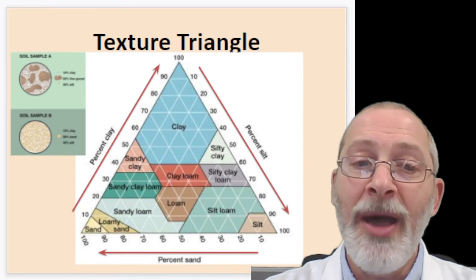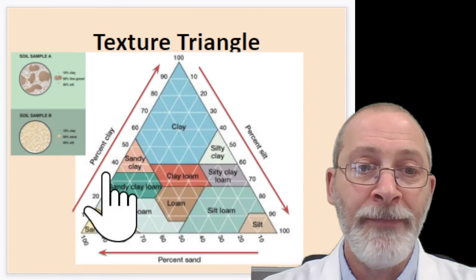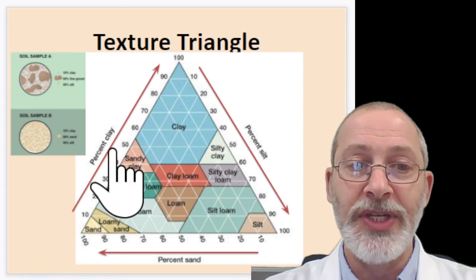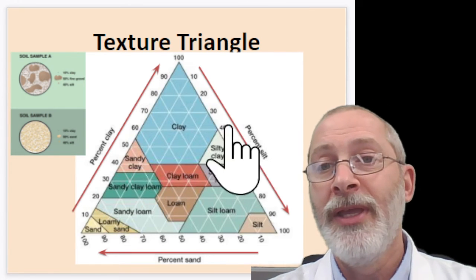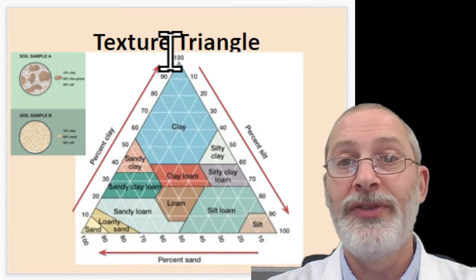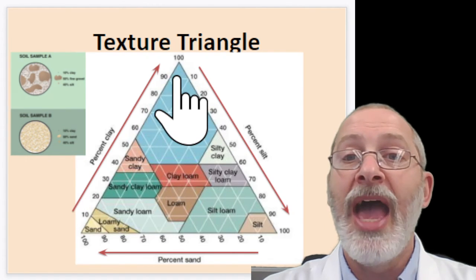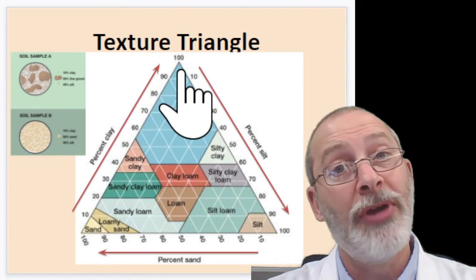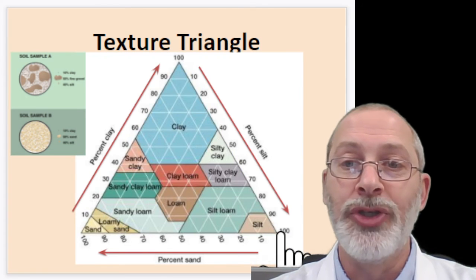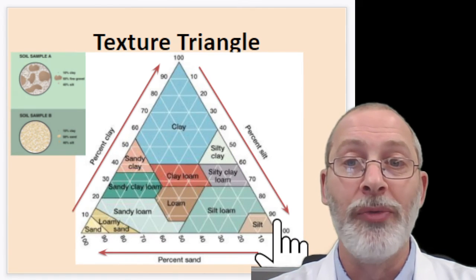And if you look at the numbers here on our graph, the clay goes from 0 to 100%, from bottom left to the upper center. The percent silt actually goes from 0 at the top all the way down to 100 in the lower right.